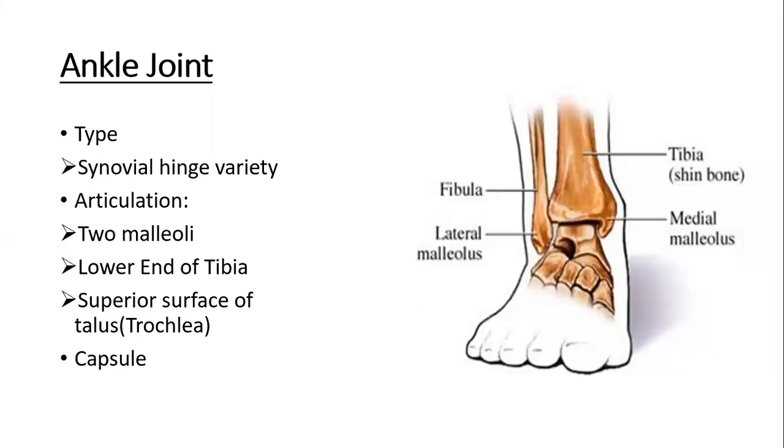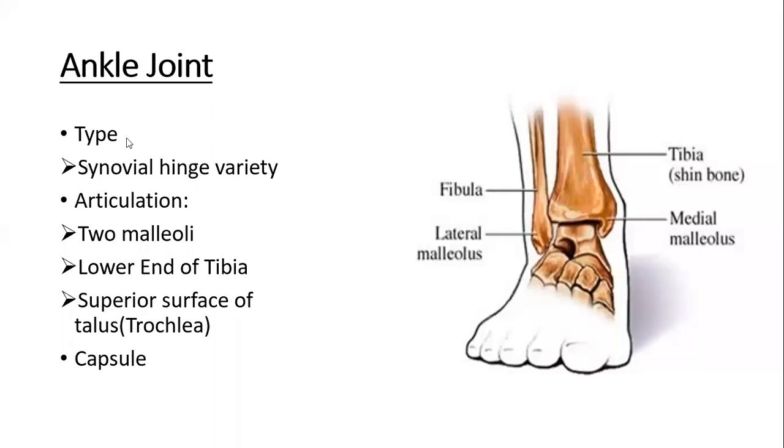Then we must know the ligaments, their attachments, their functions, how they help to strengthen the particular joint, and then, in the last, the movements that take place at the joint, at what axis those movements take place, and what muscles help to perform those movements at that particular joint. And last we must know its nerve supply and blood supply.